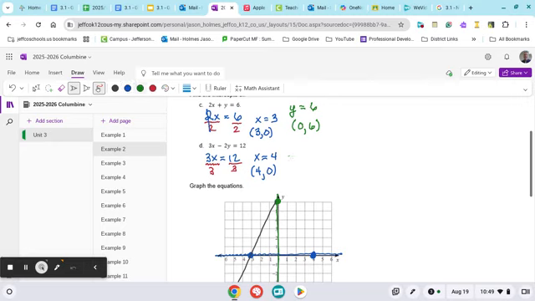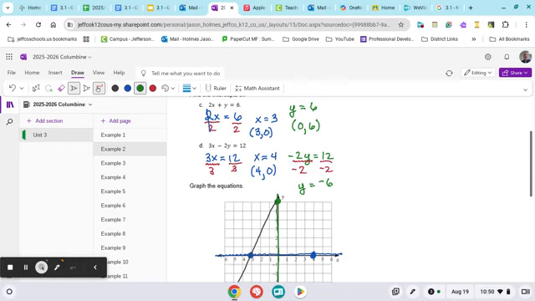and then we're going to let x be 0, and we're going to have negative 2y equals 12. We'll divide by negative 2. Let's at least keep that part the same. So we'll do divide by negative 2, divide by negative 2, and 12 divided by negative 2 is negative 6.